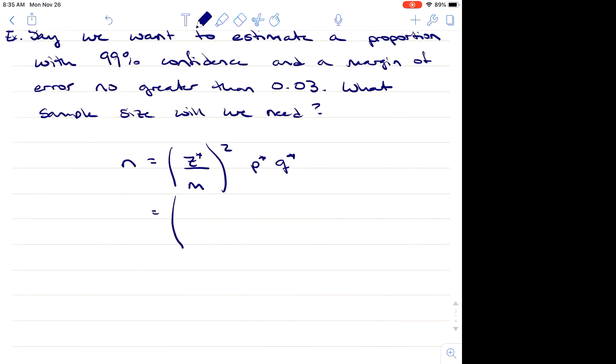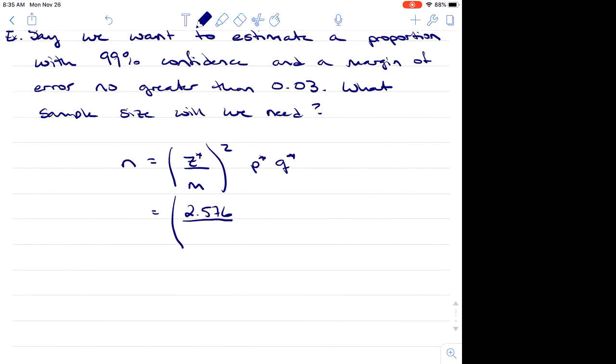Z star, ideally I would write down where I got Z star from. So using table C with a confidence level of 99%, I find that Z star is 2.576, over my desired margin of error, 0.03.